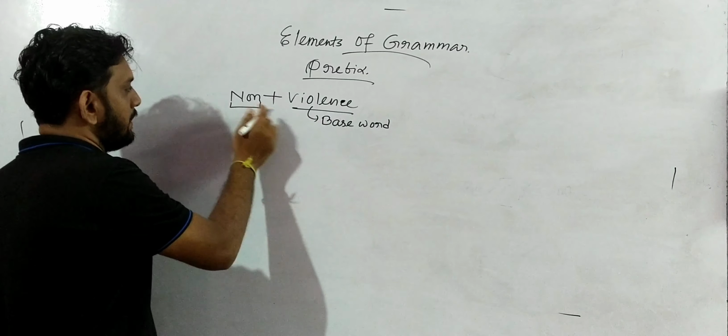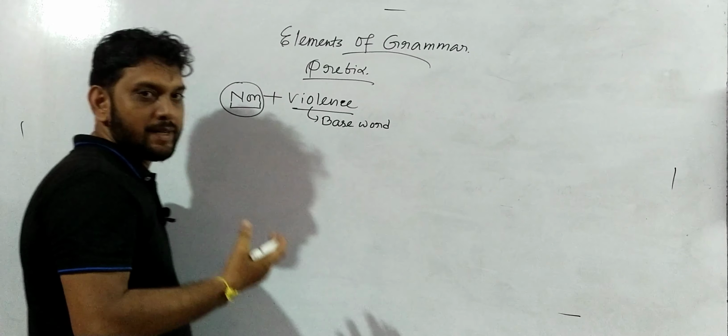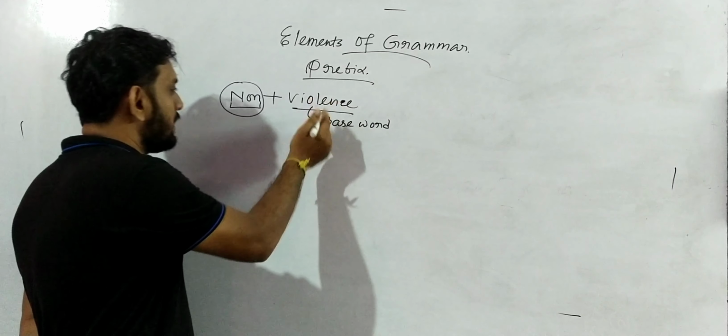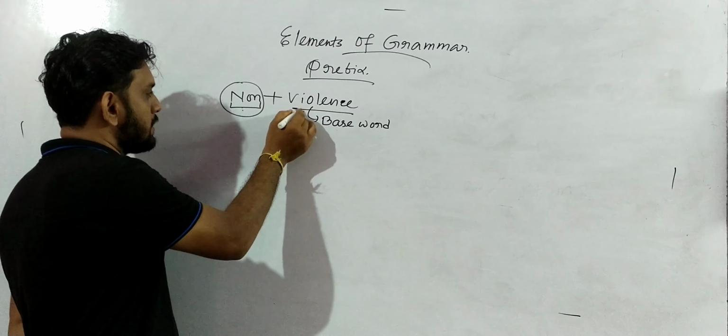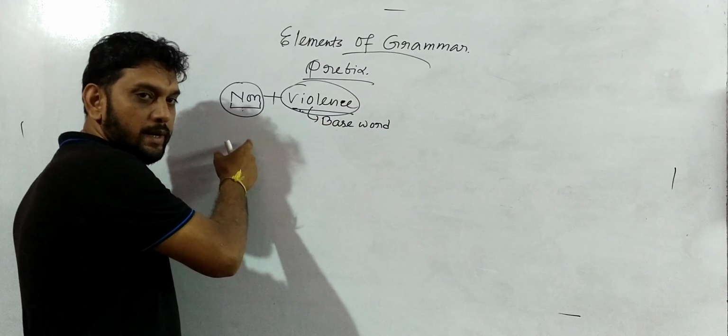When we add a group of letters before the base word, this is the base word, violence, and we have added what? Non. Non is called the prefix of this base word.